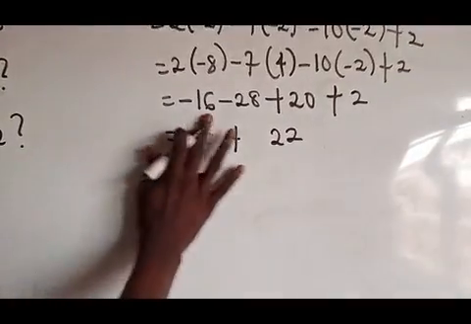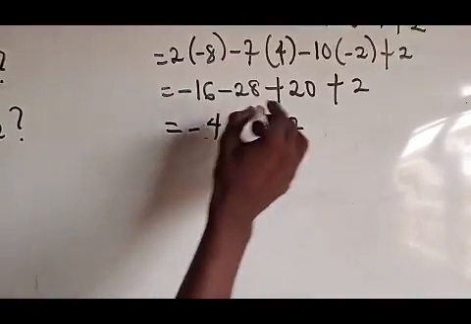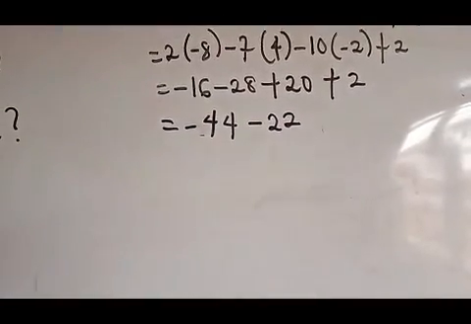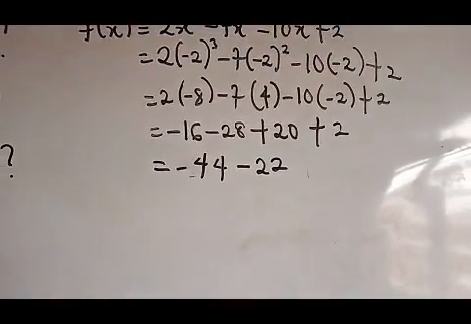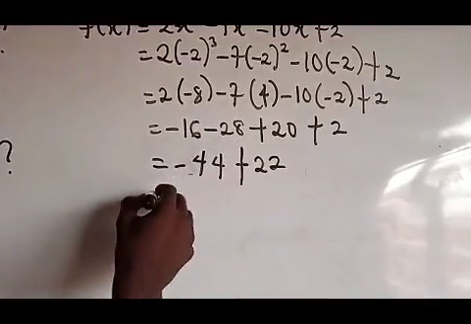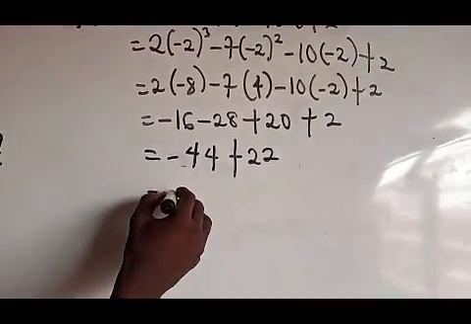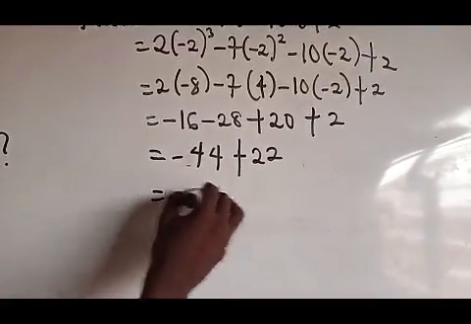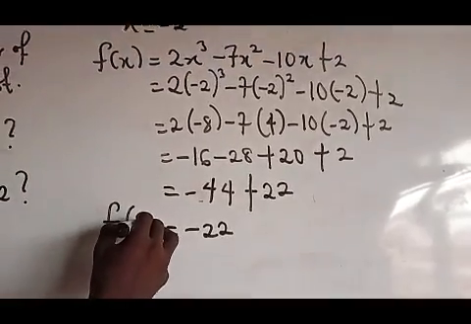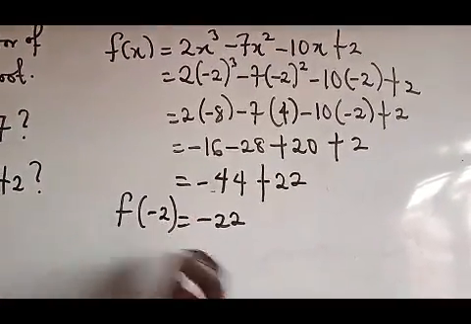So we are going to have minus 44 plus 22, and minus 44 plus 22 will give us minus 22. So this is our f of minus 2. Is it equal to 0?